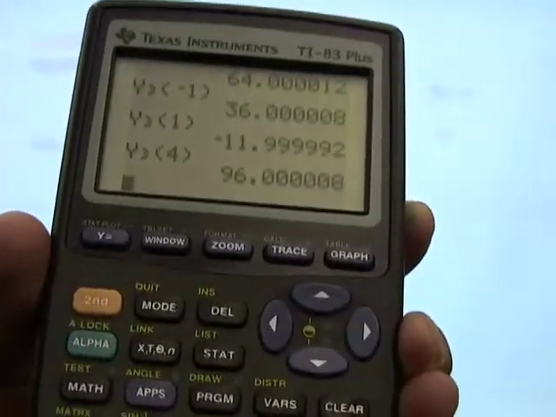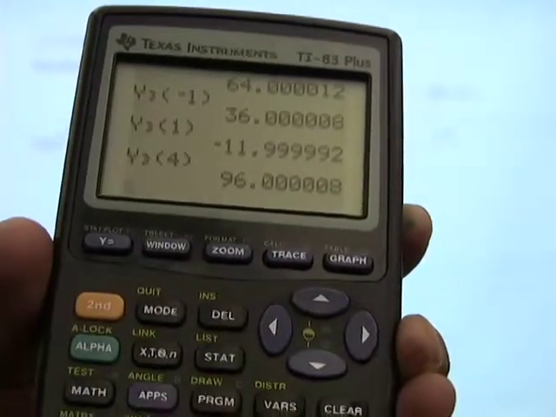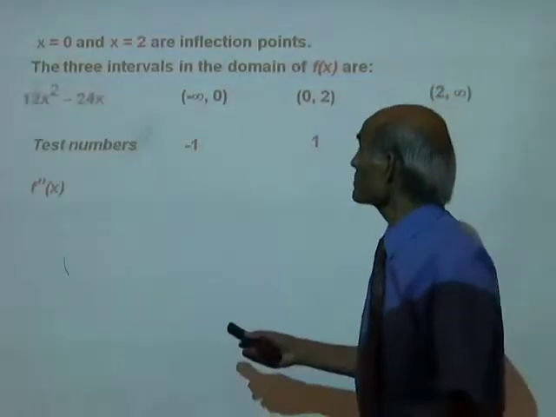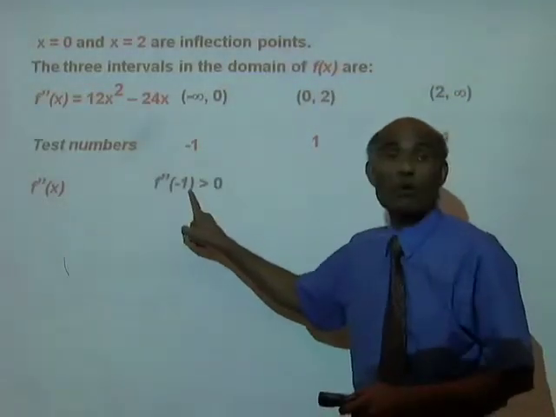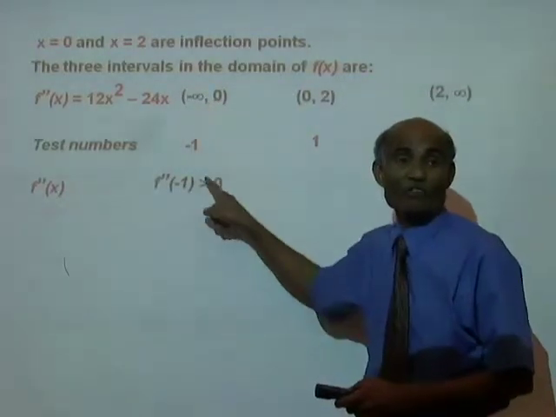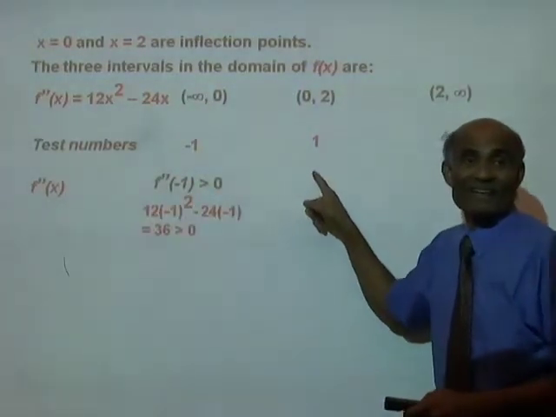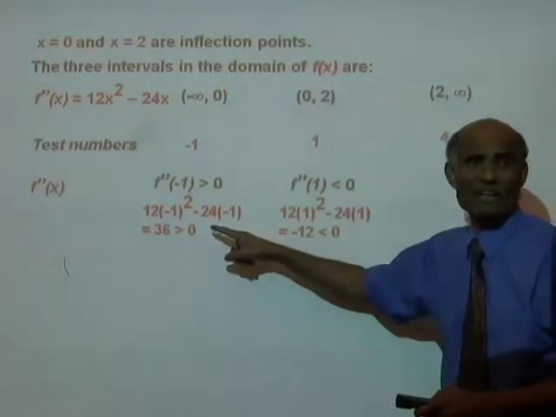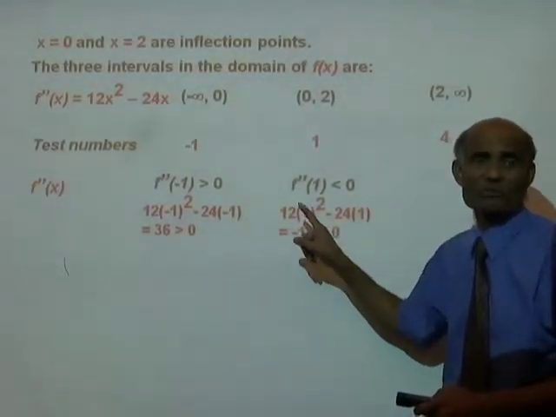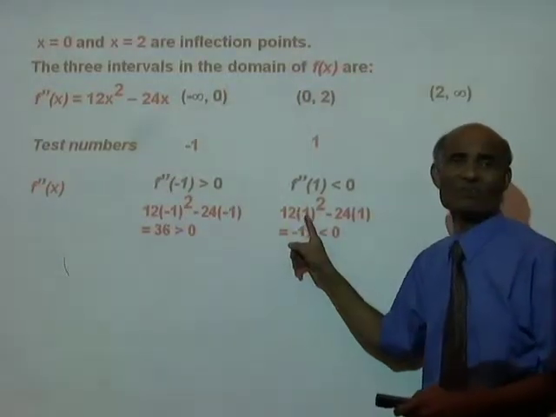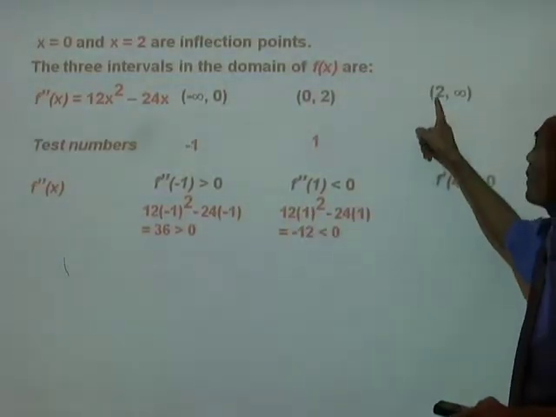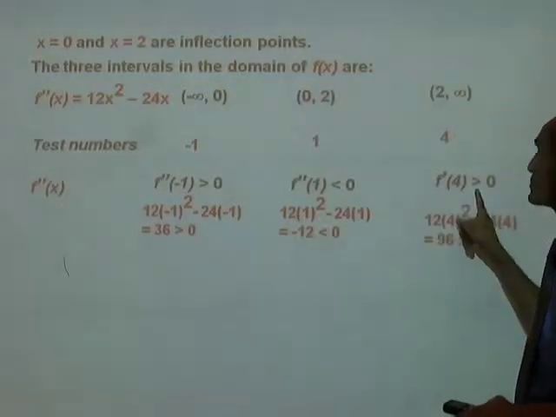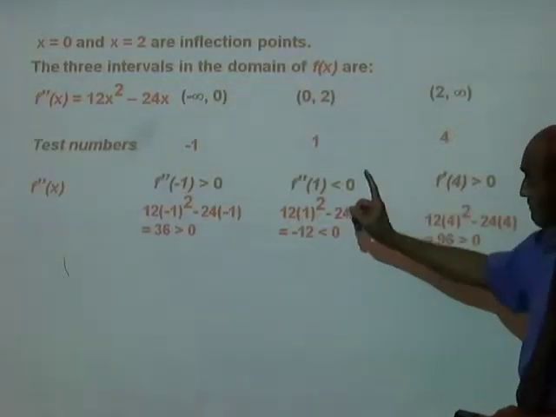Alright, let's do that on the board. So we found the second derivative is positive on this interval, negative on this interval. Don't worry about the calculation, I just gave it to you. Since you're using the calculator, that's not relevant. And on this interval from 2 to infinity, it is positive.